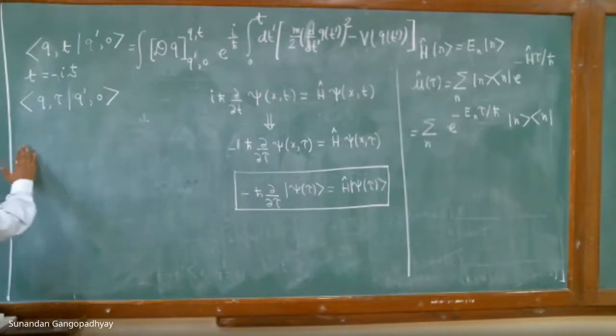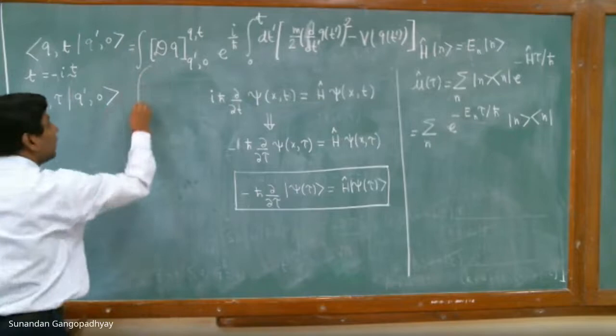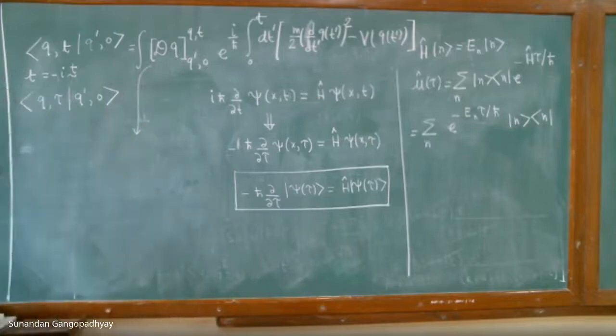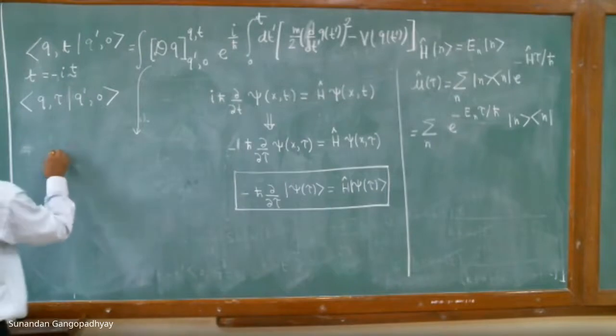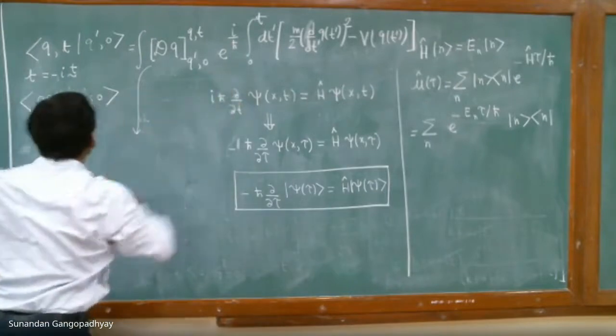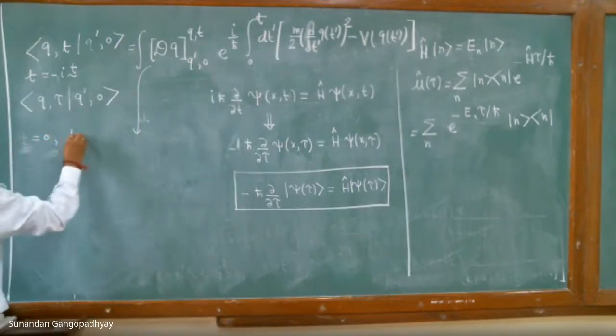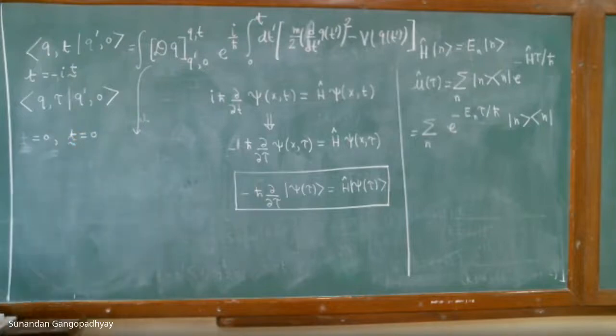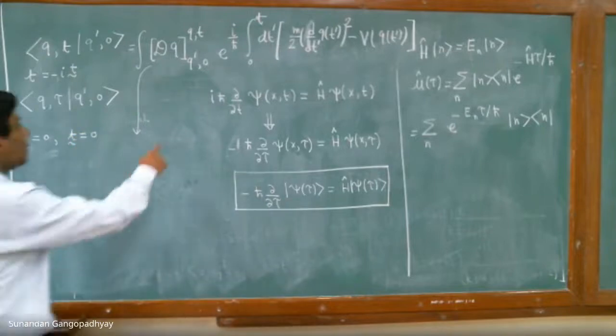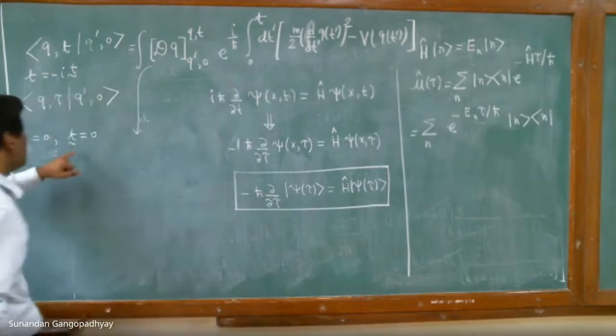So if I make this t imaginary, where this t tilde is real now, then when t is equal to 0, t tilde is also 0, right? So the lower limit for t tilde will be 0.